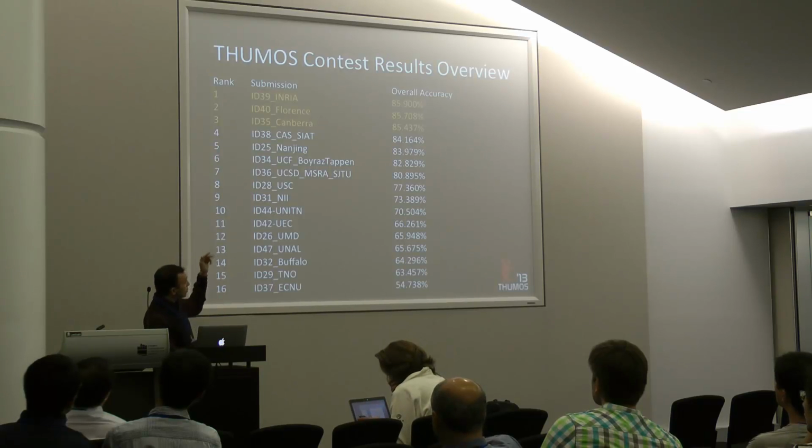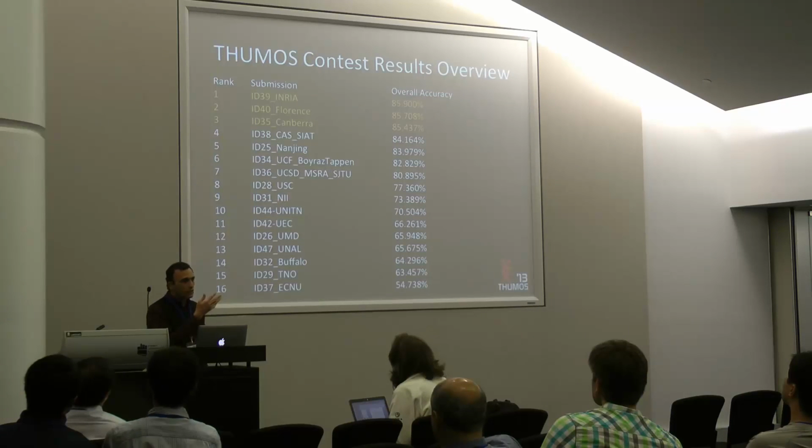What's interesting is that the top few contestants are very, very close together, just separated by 0.2% or something. And we're fortunate to get the top 5 teams talking about their approaches today, and we'll be able to see some things that are very common among these approaches, as well as some very different ideas.